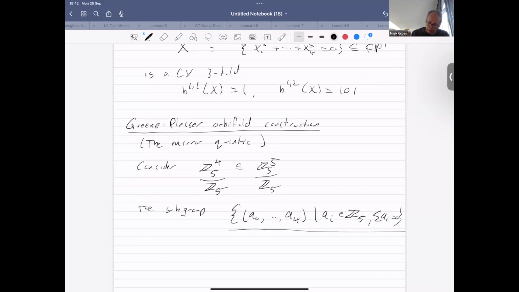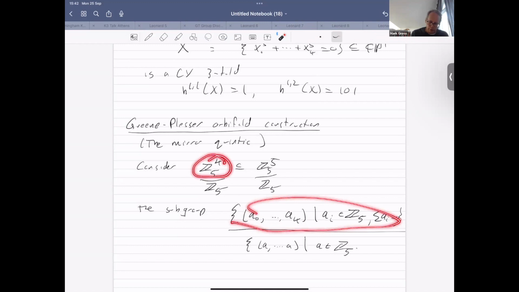Then we divide out by the diagonal subgroup of the set of things that form AAAAA with A in Z5. There are 4 degrees of freedom with the Ais, because once you know 4 of the Ais, you know the 5th. So the numerator here is this group Z5 to the 4th, and the denominator is the diagonal Z5.